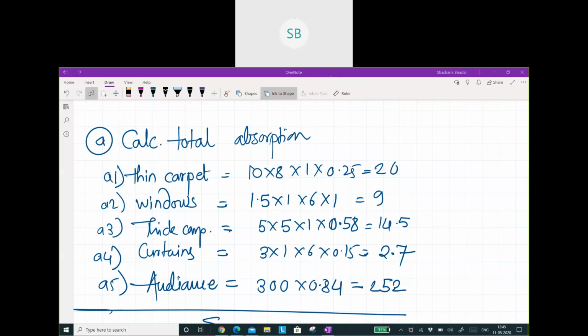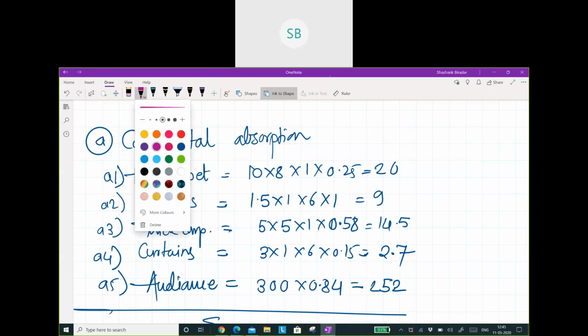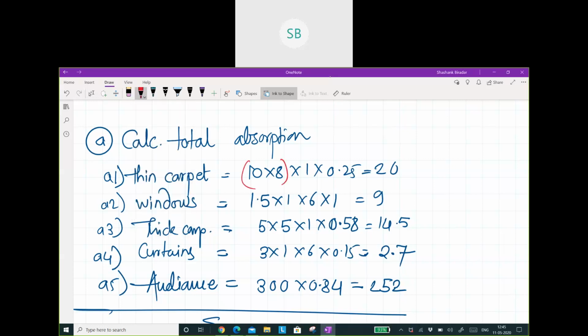Now in the table it has been given that the first surface is thin carpet. What are the dimensions? The dimensions are 8 meter multiplied by 10 meters. The count, only one was there, and this is the absorption coefficient.